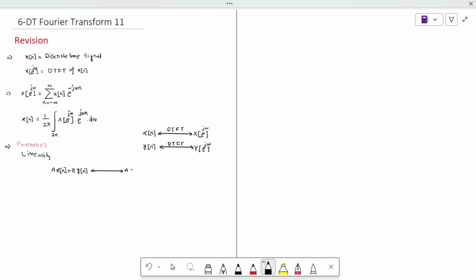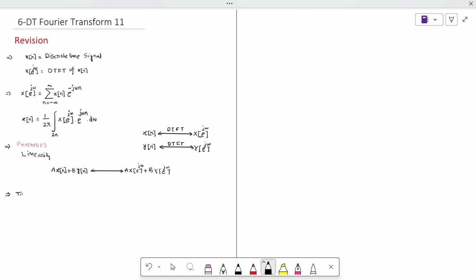The corresponding transform is a into x of e power j omega plus b into y of e power j omega. Whatever we studied in the first to fourth videos, I would like to write in one place, which is useful for your preparation.